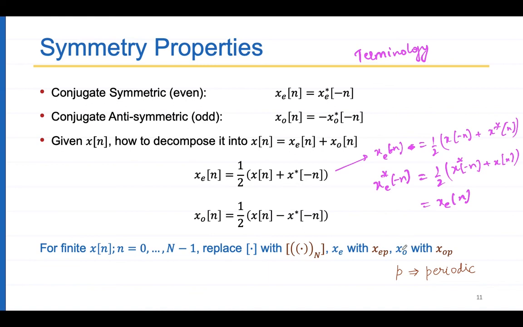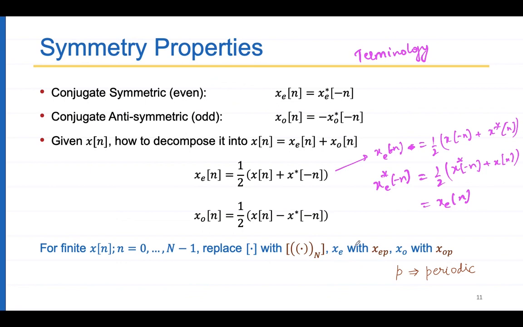And x_o will be replaced with x_op, p for periodicity. That is just a convention, but the formulas remain the same, except that now n will be replaced by n modulo capital N. Otherwise everything else is the same.